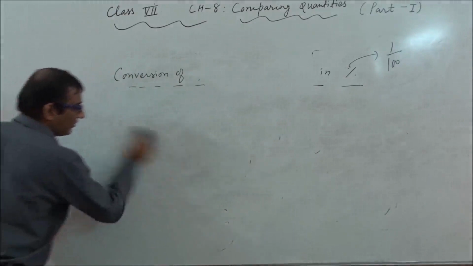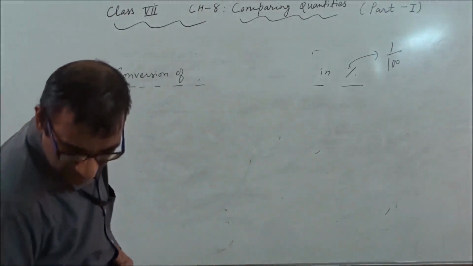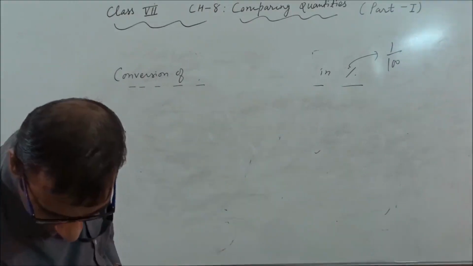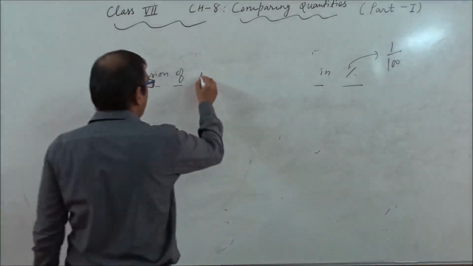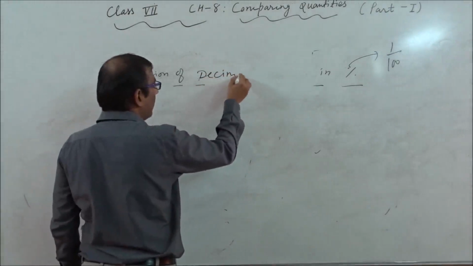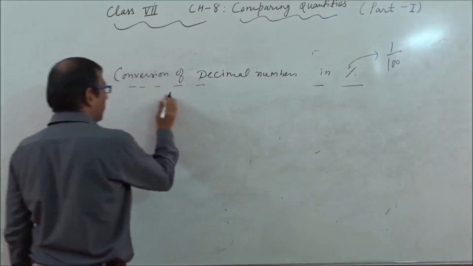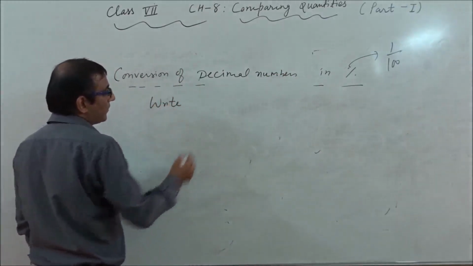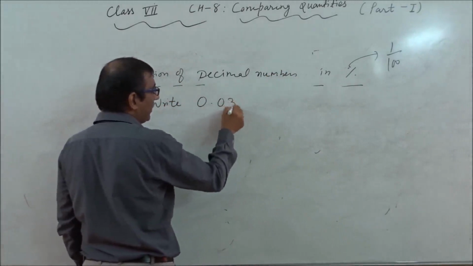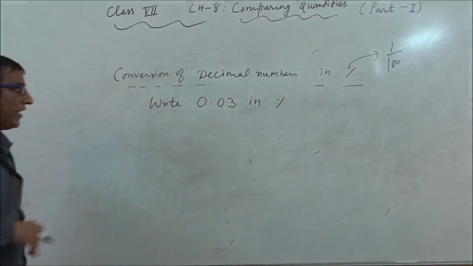So the next concept is related with conversion of decimal numbers in percentage. So I am taking one example. He writes 0.03 in percentage. So how can we write it?